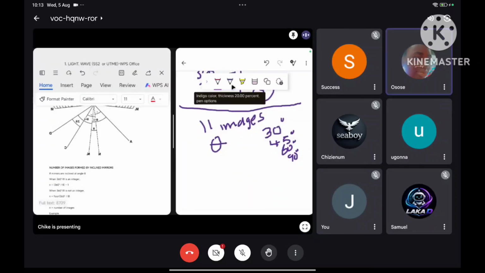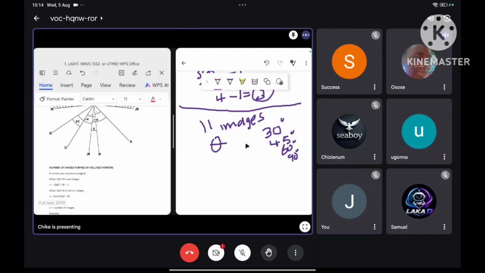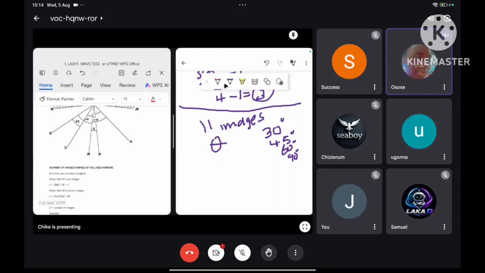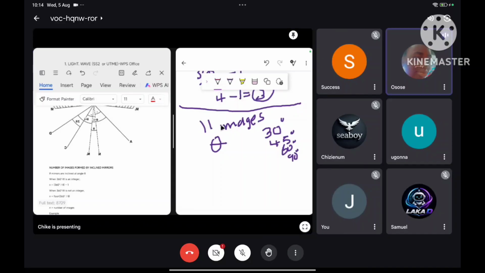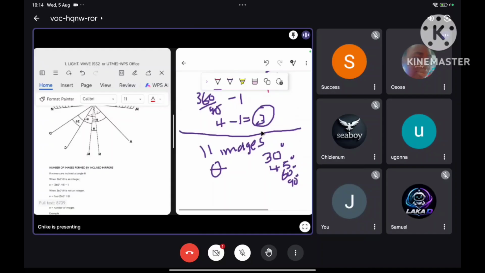Or do I solve this one and then you try the next one? So you say we should solve it. I think we should solve it. Yes. Okay, so the first one, that is 30 degrees. The answer will be 11 images. No, I think you mixed up the question. Let me read.